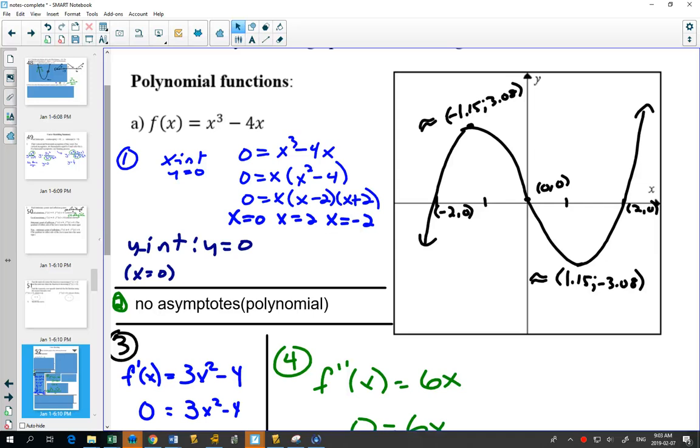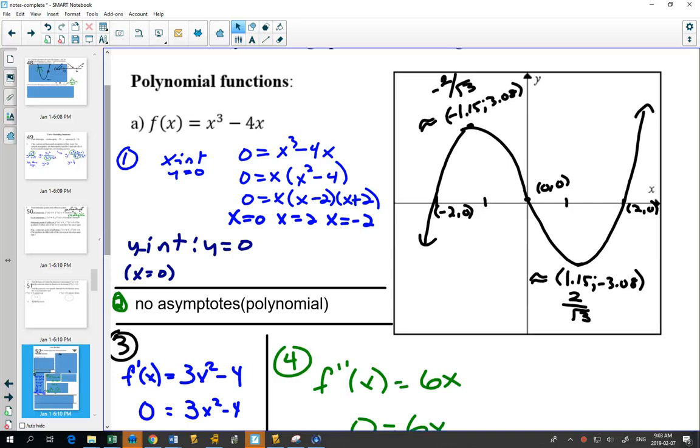Now I've got the values there that were calculated from the calculator, the maximums and the minimums. This is plugging in negative 2 over root 3. And here we have, if we want to label those, this one was 2 over root 3, plugging them back into the equation to get decimal values.